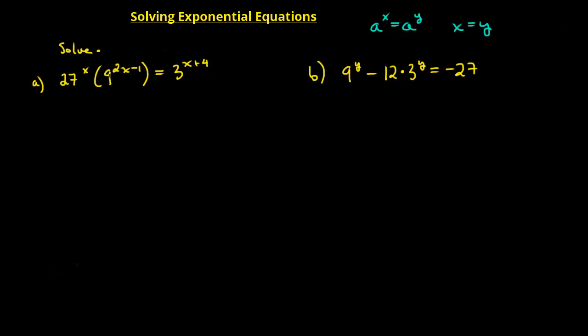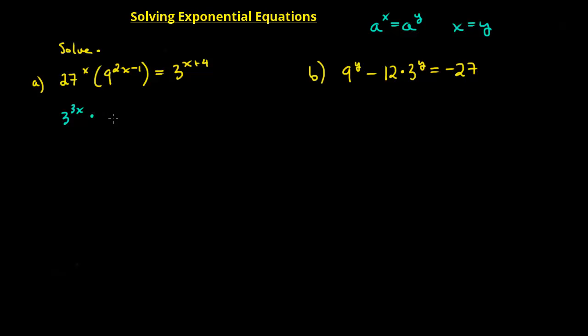So, to solve this equation, a logical thing to do would be to write all of these powers so that they all have the same base. So 27 to the power of x can be rewritten as 3 to the power of 3x, because 27 is 3 to the power of 3. To the power of x is just 3 to the power of 3x.